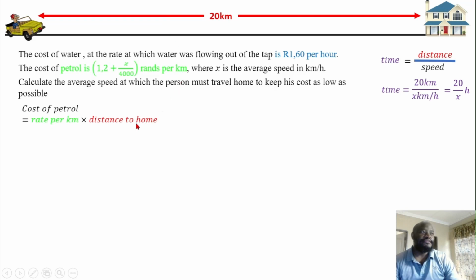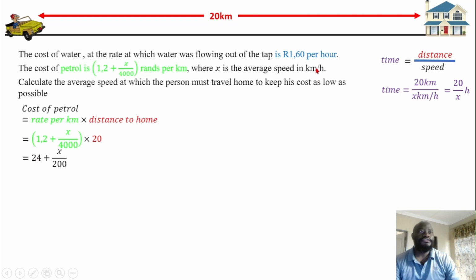Then the distance will cancel with the per kilometer here, and we'll be left with rands. So this is going to be a value in rands. So as you can see, we take the rate of petrol cost and the distance, and then we multiply them. We get 20 multiplied by 1.2 is 24, and this multiplied by this gives us x over 200. Okay, so now we have the cost of petrol in terms of x.